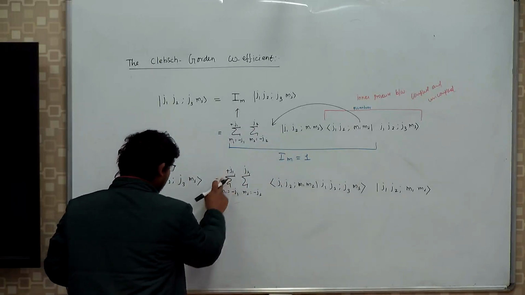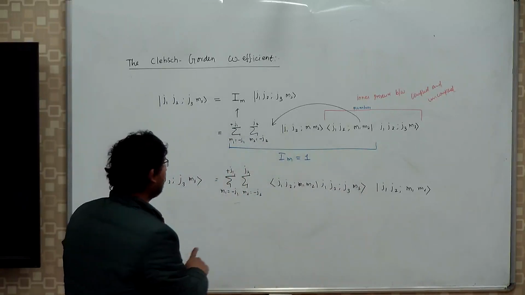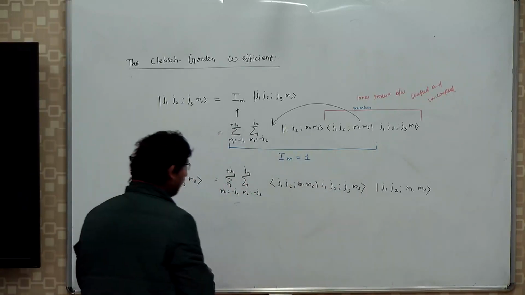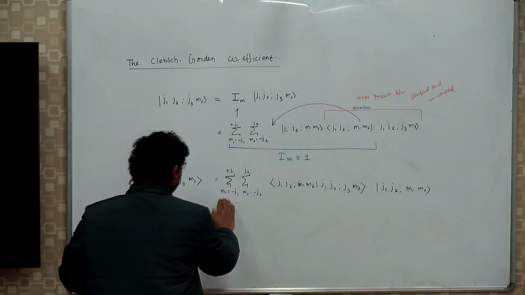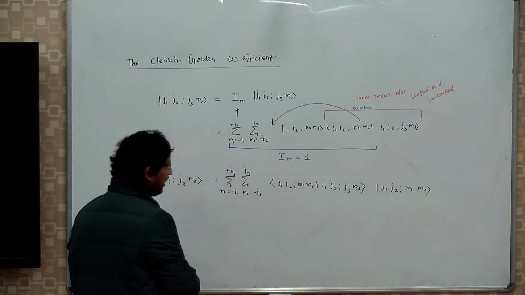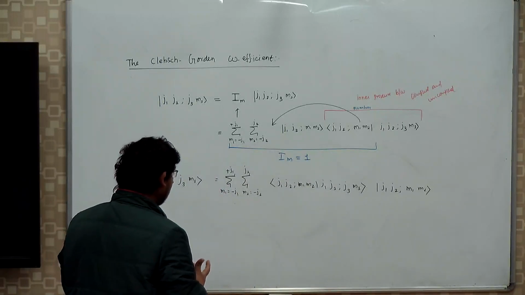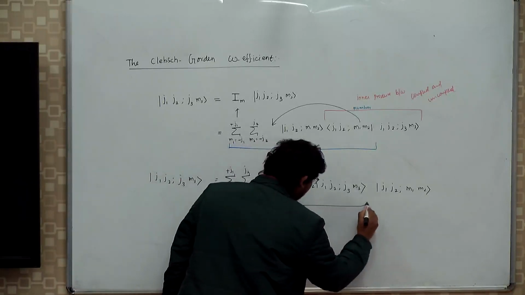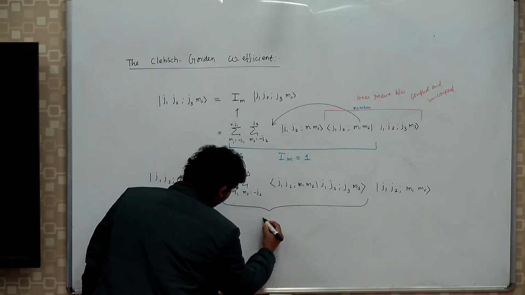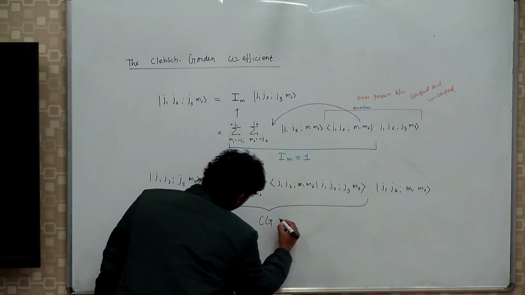But additionally, we are getting this one term, the inner product between two states. This term is nothing but a coefficient, a scalar quantity, and that coefficient we call the Clebsch-Gordan coefficient, CG coefficient.